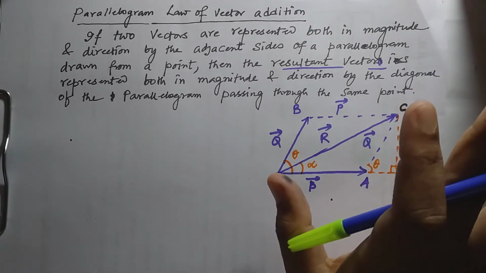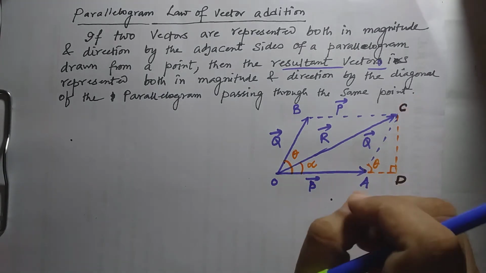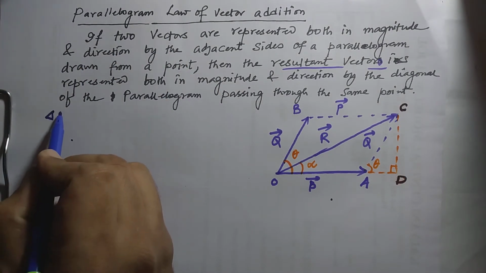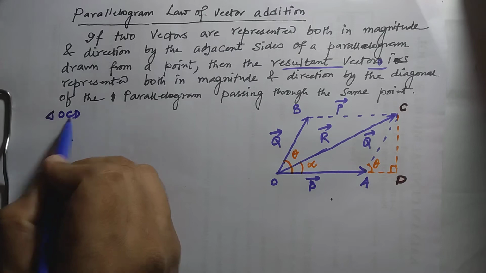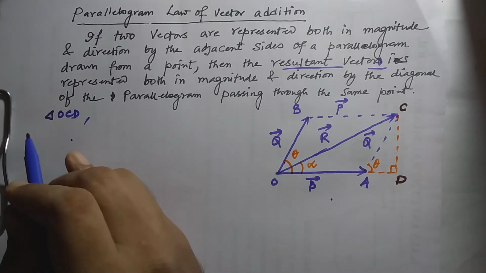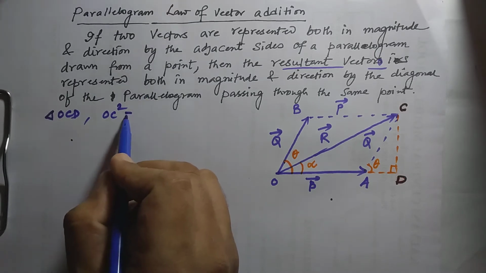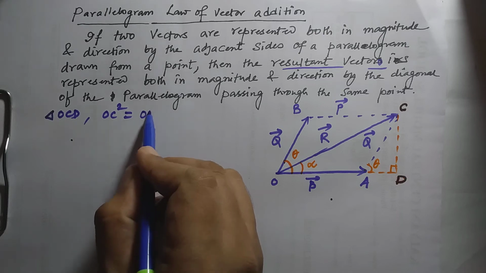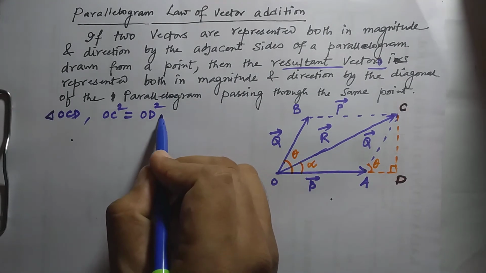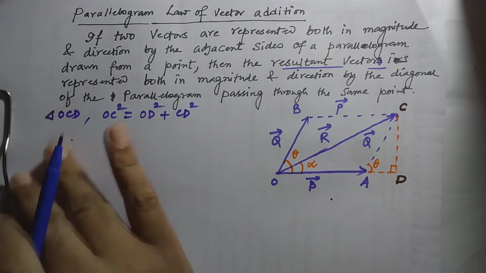Now again, the same procedure we'll do. First we'll take this triangle, triangle OCD. We'll use the Pythagoras theorem. OC square is equal to OD square plus CD square using Pythagoras.